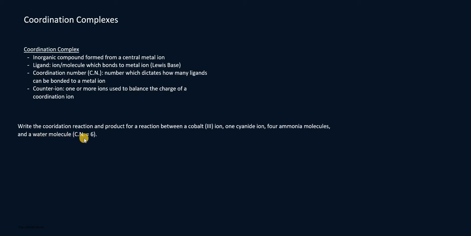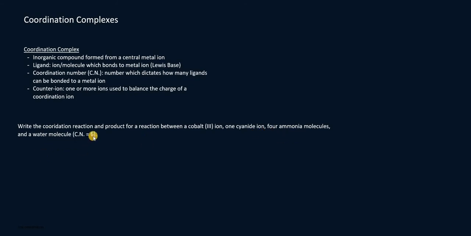And we're told here CN is equal to 6. That means our coordination number is equal to 6, and we're going to have 6 ligands bonded to the central metal ion. That's also given in the problem because 6 ligands are listed: the 1 cyanide ion, the 4 ammonia molecules, and the water molecule.